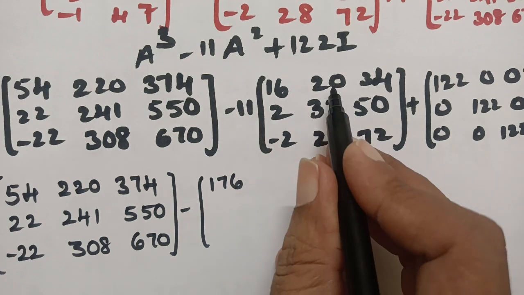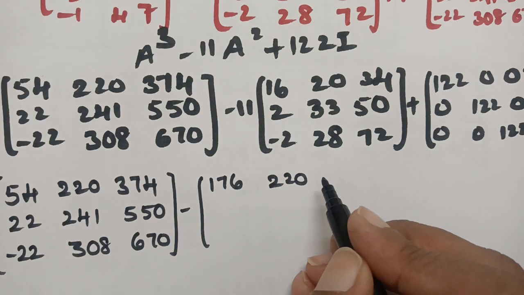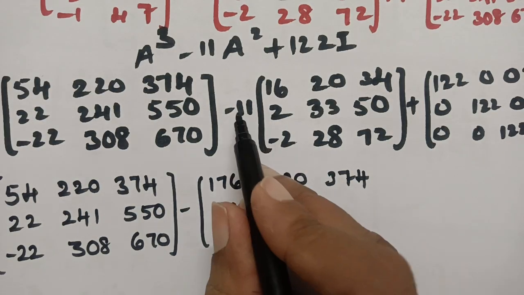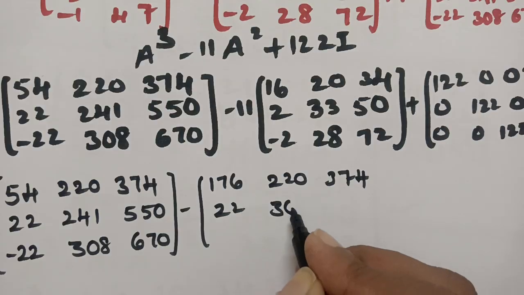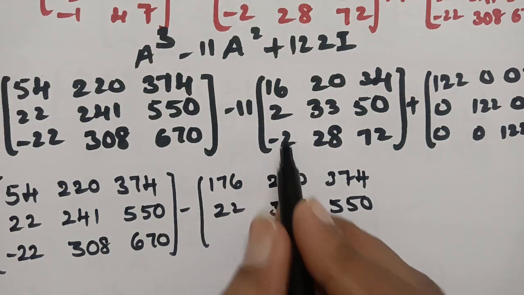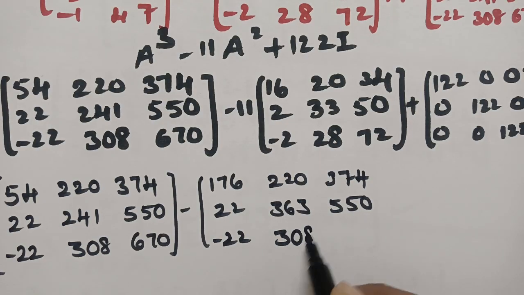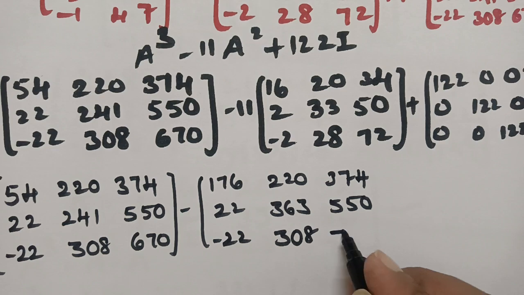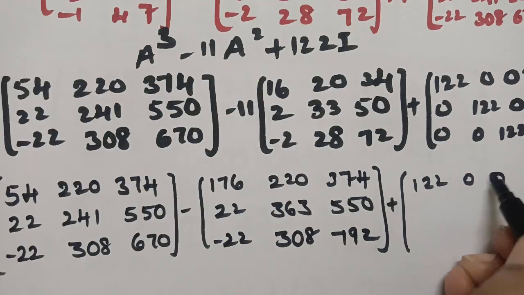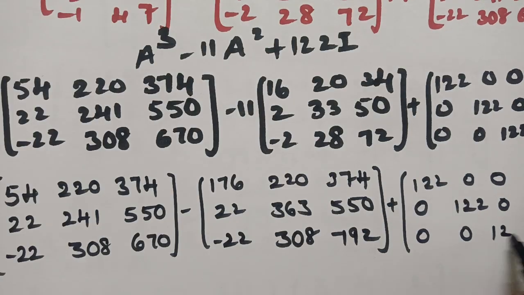This is 176, 11 into 20 is 220, 34 into 11 is nothing but 374, and this is 22, and 11 into 33 is 363, and this value is 550. If I multiply 11 with the value here, this is minus 22, this value is 308. If I multiply 11 with 72, this is 792, plus the identity matrix 122, 0, 0, 0, 122.